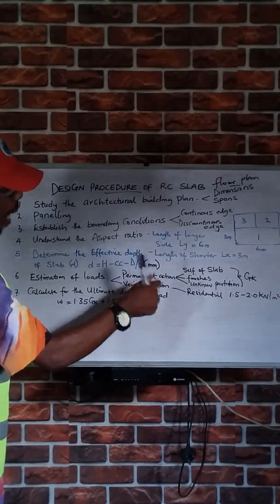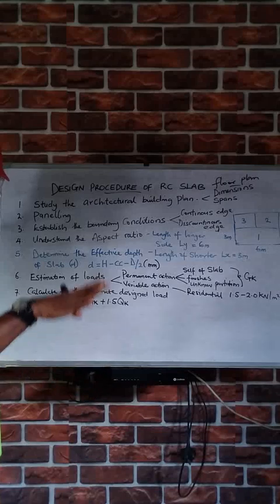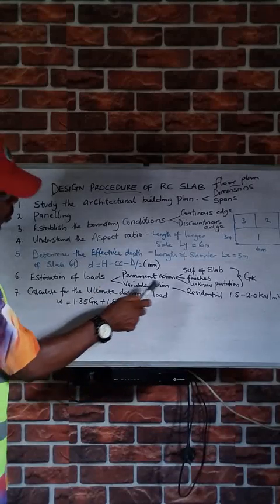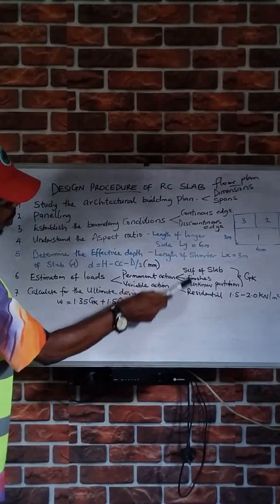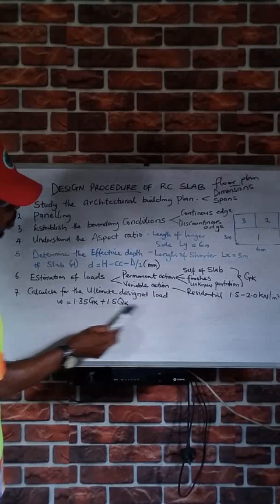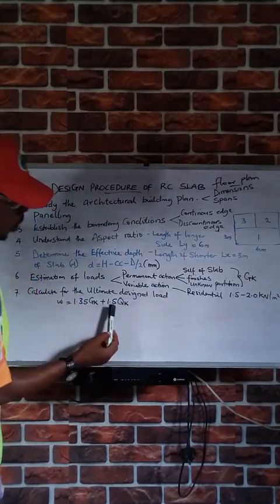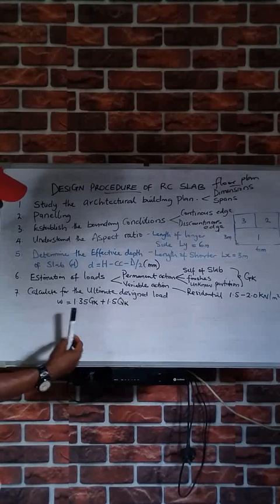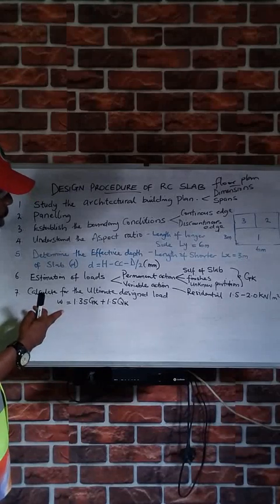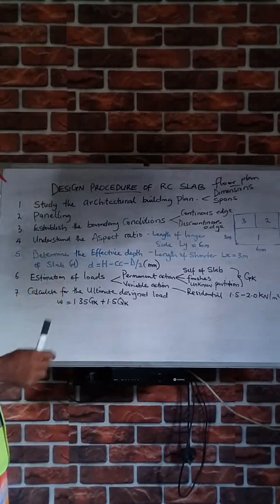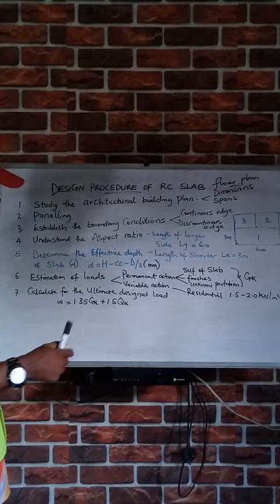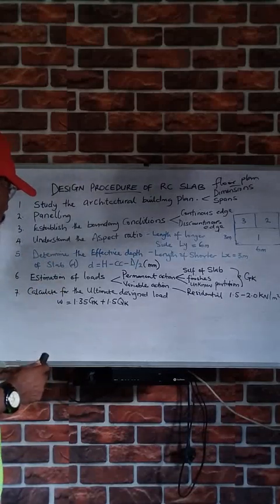Because these are permanent loads on that slab, that becomes your Gk, the summation of all of this. Then your Qk, if you are adopting 2, it becomes 2 here. So when you work out this, that becomes your ultimate design load. All right, so you take note of that.